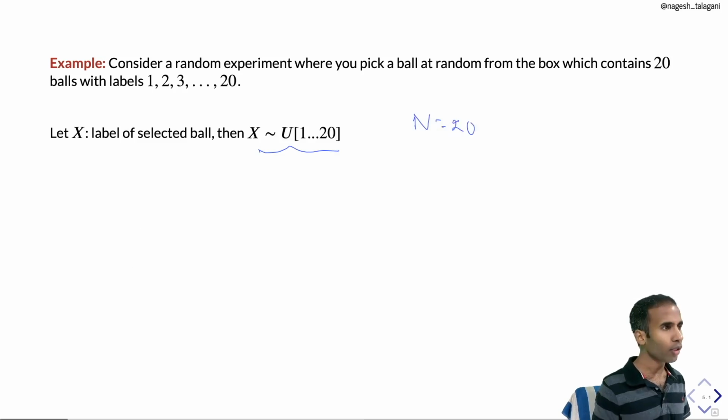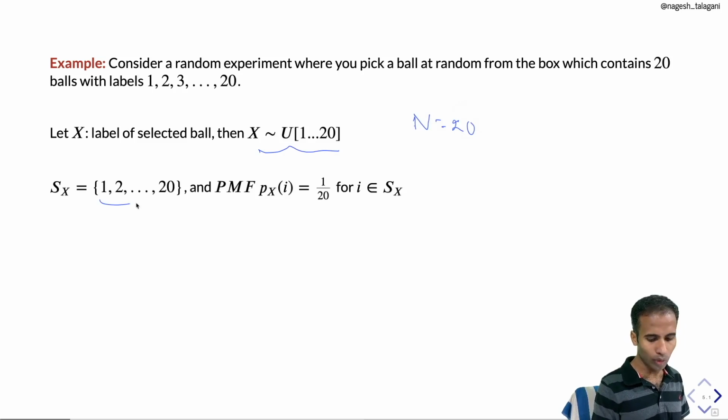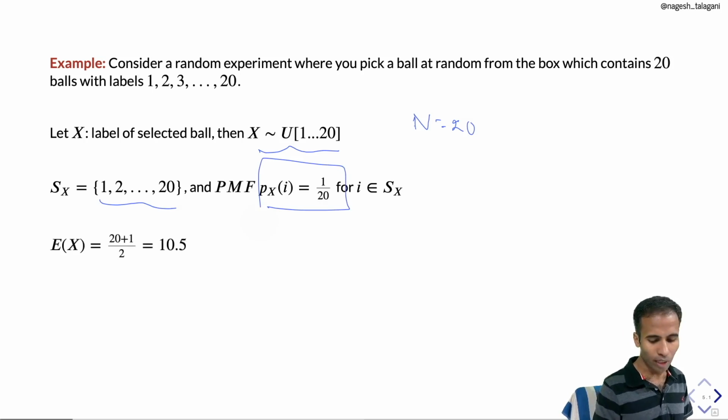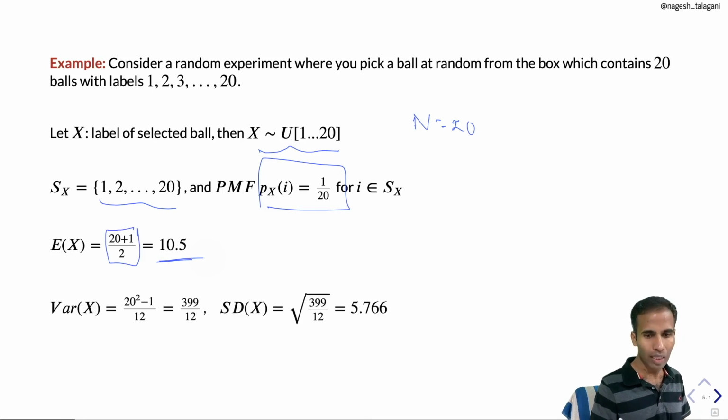Immediately we can see that the support of X is going to be 1 to 20 and the PMF is 1 by 20 for all i equal to 1 to 20, and we can also say right away that the expectation of X is going to be (n plus 1) by 2, so (20 plus 1) by 2, which is 10.5, and the variance of X is (n square minus 1) by 12. Here n equal to 20, so (20 square minus 1) by 12, which is 399 by 12.